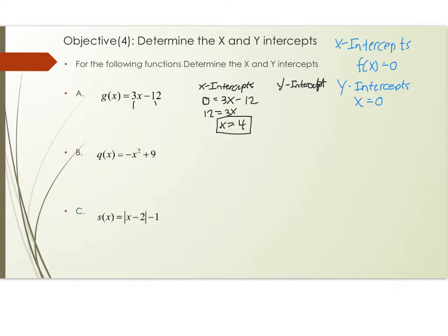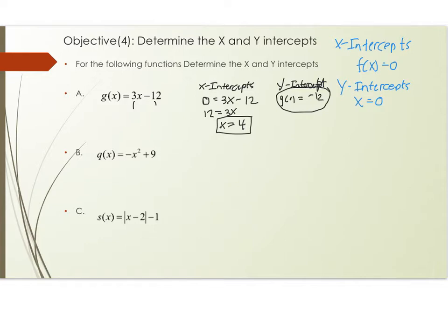But if you let x equal 0, you have g of 0 is just equal to minus 12. So in this case, the y-intercept is minus 12, right? And that crosses the y-axis at minus 12.